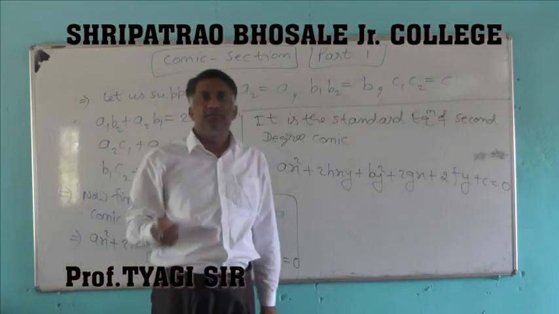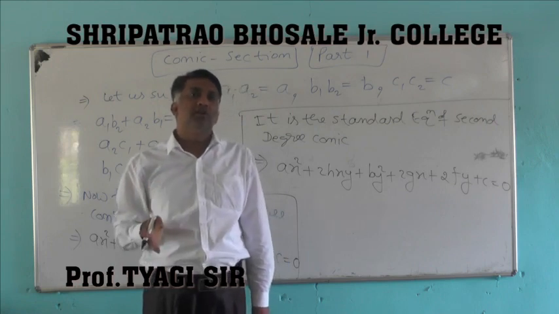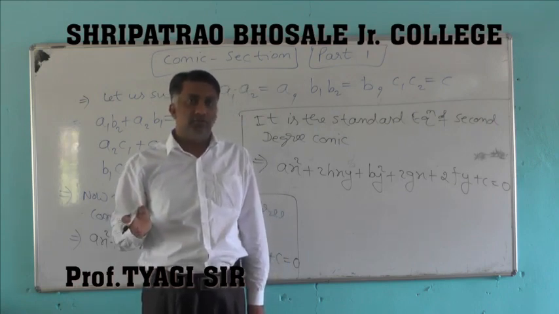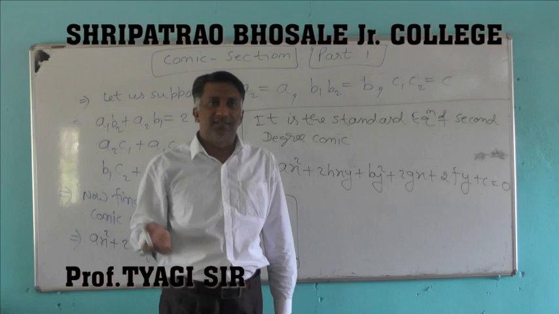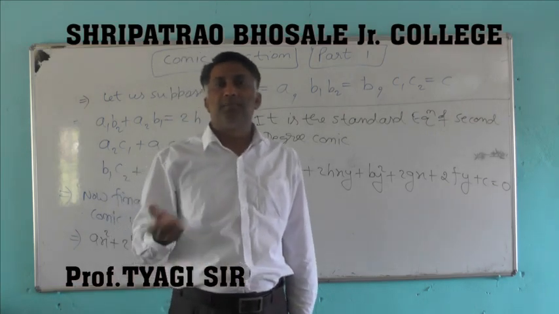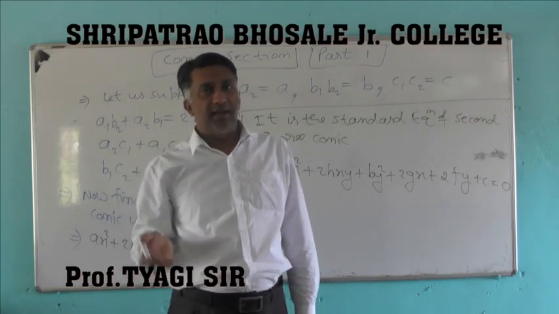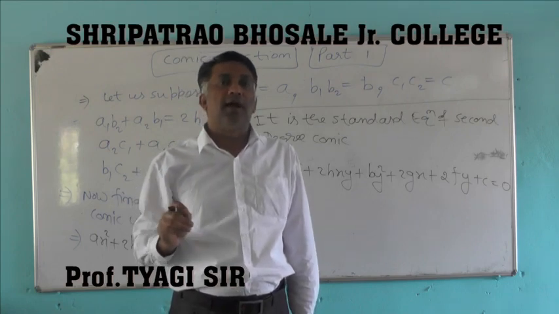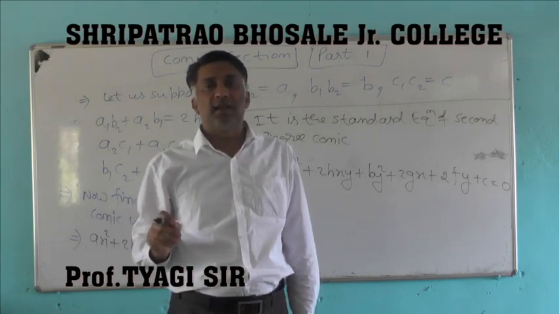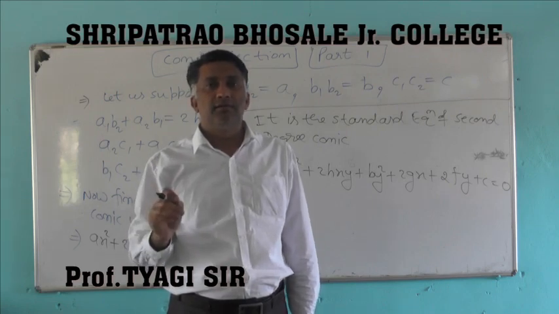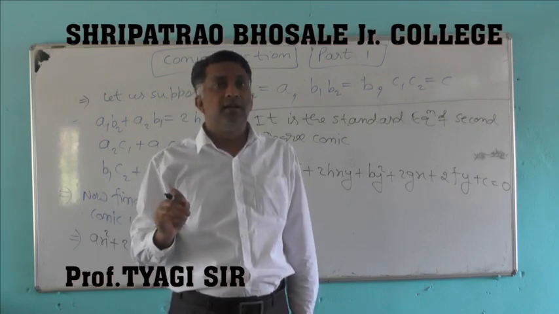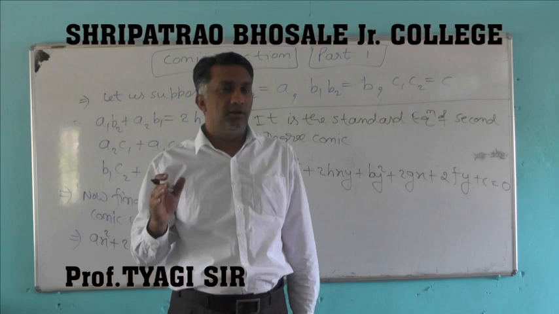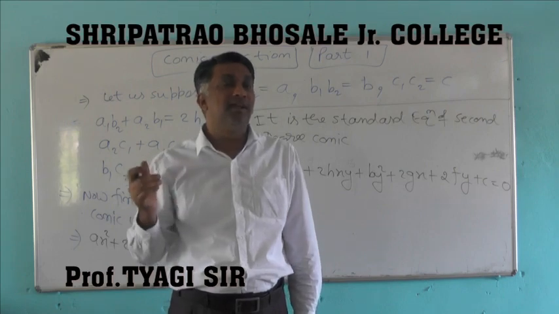In future, if we want recognition of different kinds of general conic, just like parabola, ellipse, hyperbola, straight line and circle, we need a special operator, delta. What do you mean by delta?